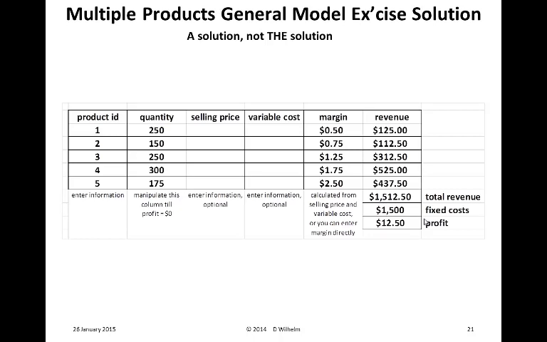And I got to $12.50 profit. I think that's probably close enough. Keep in mind, these are all estimates and hopes and wishes and guesses, so there's no real value in going to a lot of trouble to get it actually equal to profit equal to zero.